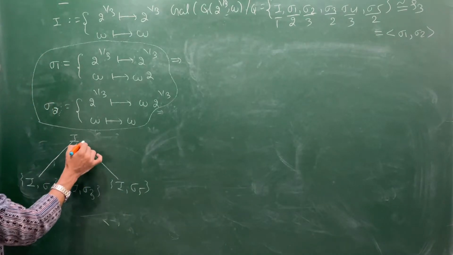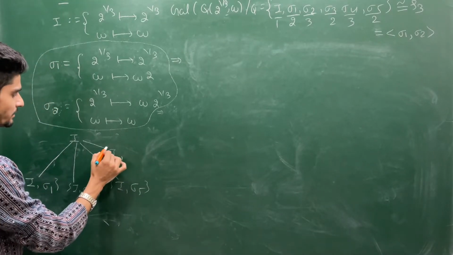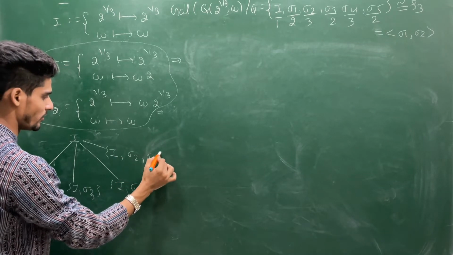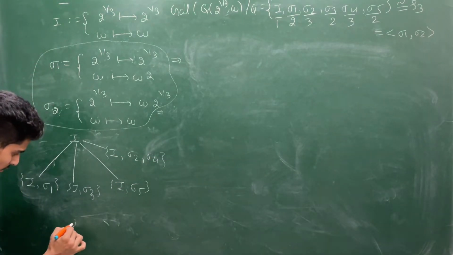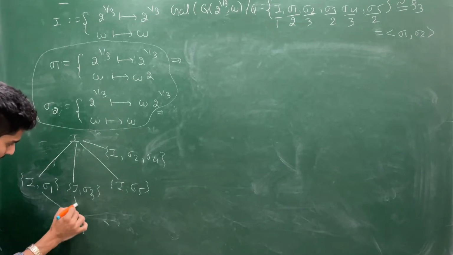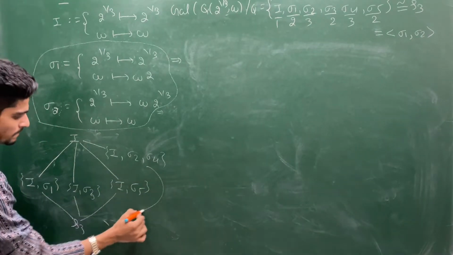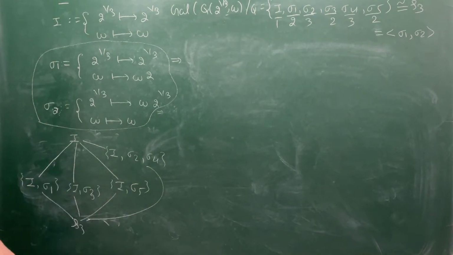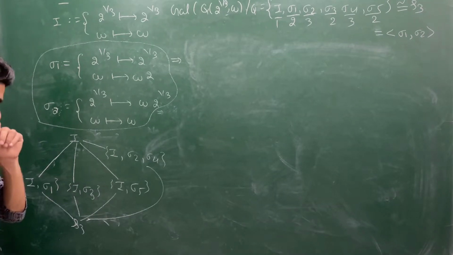And this is identity, sigma 2, sigma 4, and here is your S3. So you have this diagram, and we need to find the fixed fields also.